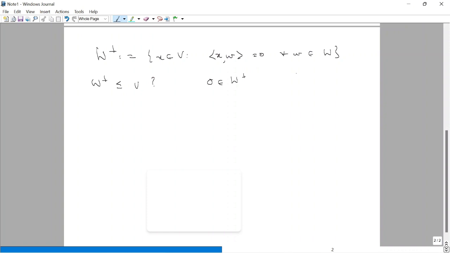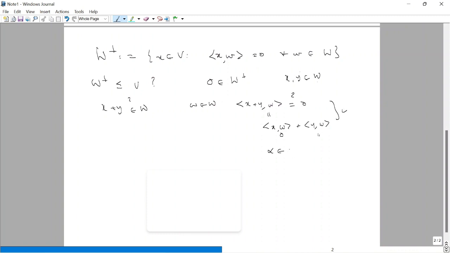Now suppose X and Y are in W perp, and I want to know whether X plus Y is in W perp. Start with any W in W; I have to check whether the inner product of X plus Y with W is 0. This is the inner product of X with W plus the inner product of Y with W, but this is 0 because X and Y are in W perp, therefore this is also true.